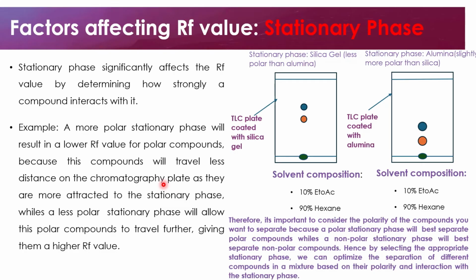So now let us look at these pictures and study them. The pictures here show two chromatograms in thin layer chromatography, both using the same mobile phase and other required conditions but different stationary phases.